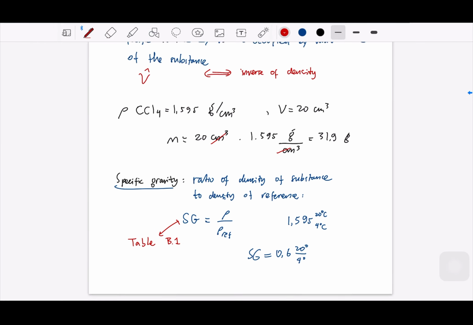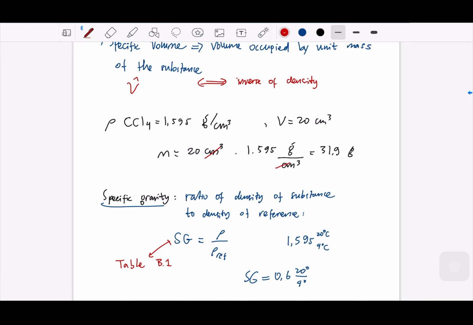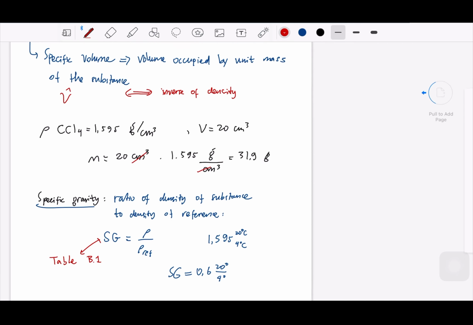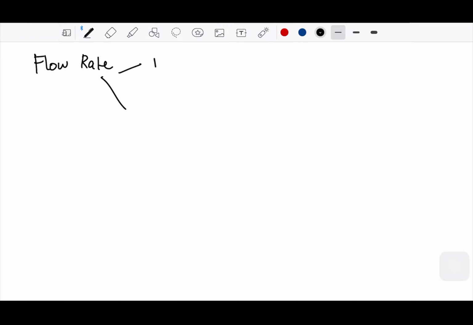Okay, that is the mass and volume. Okay. Really the basic one. Another way that I want to show you is the flow rate, which includes mass and volumetric.